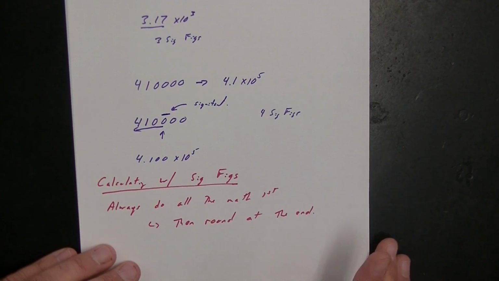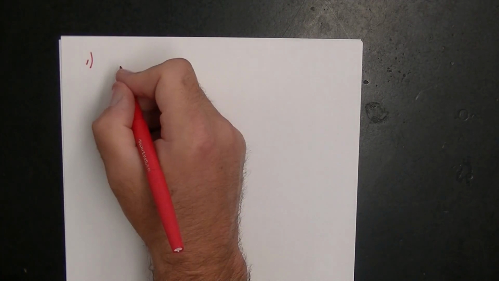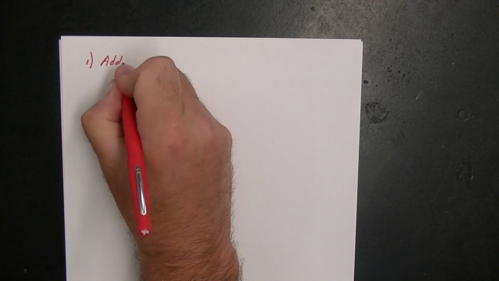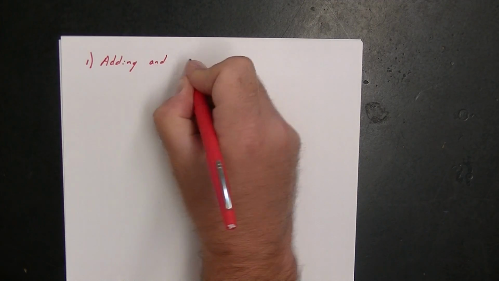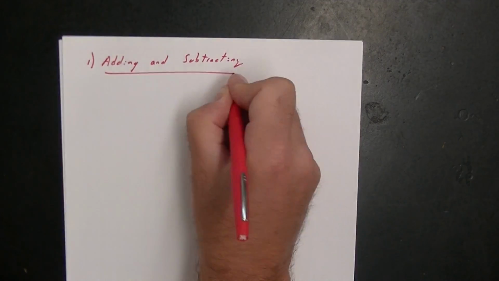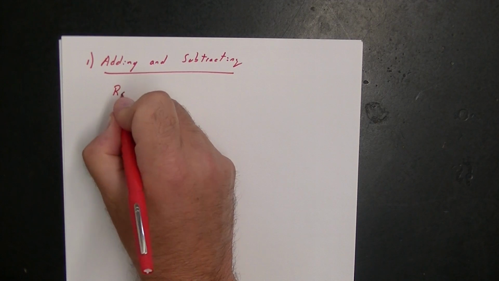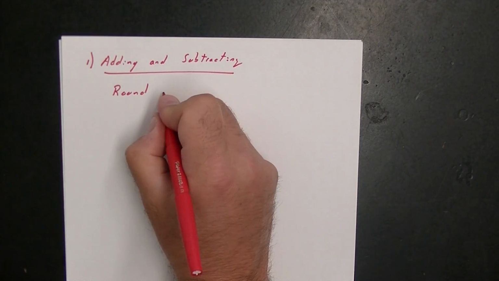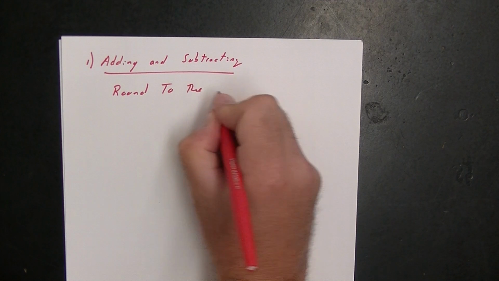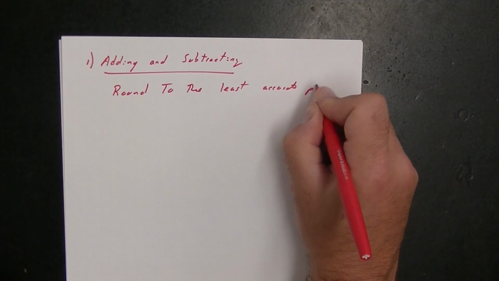All right, now there are 2 sets of rules when we're calculating with significant figures. Number 1, if we are adding and subtracting, we're going to round to the least accurate place.